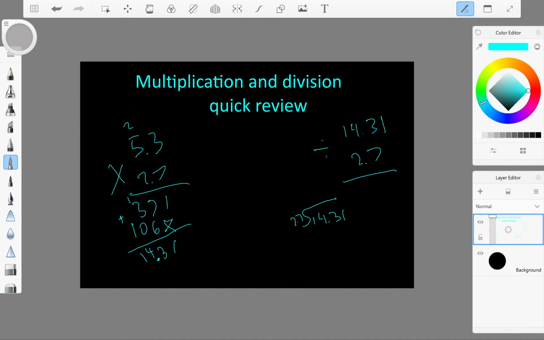Since there's a decimal on the left, and no one likes to work with that kind of decimal, you multiply both sides by 10, which makes sure the answer remains the same. So it's going to be 27, and this is going to be 143.1.